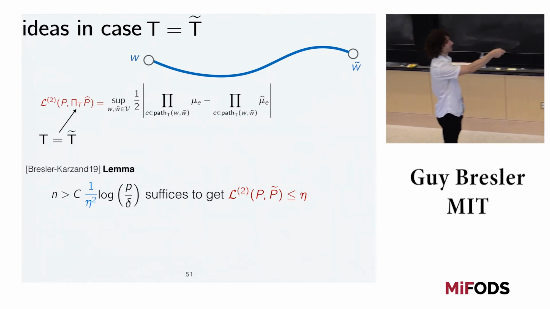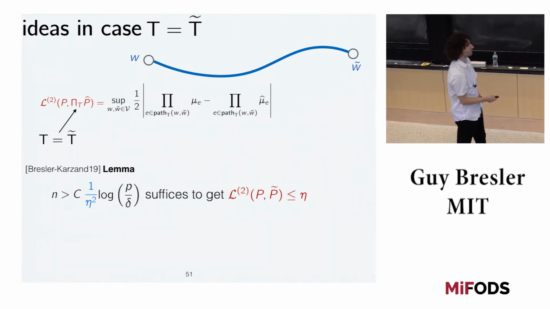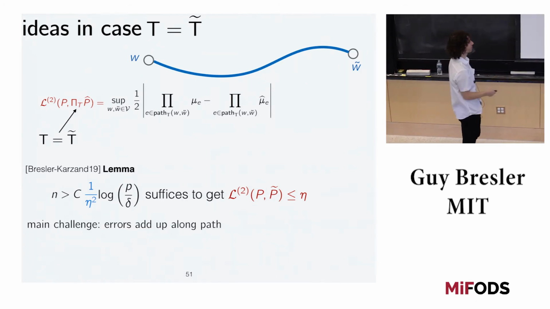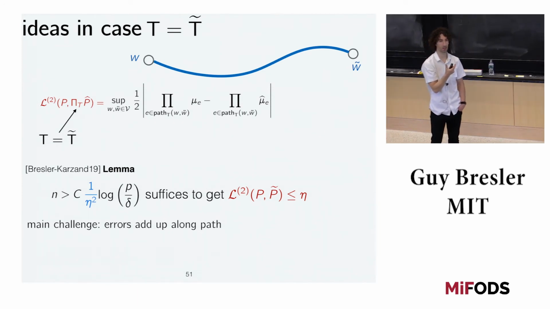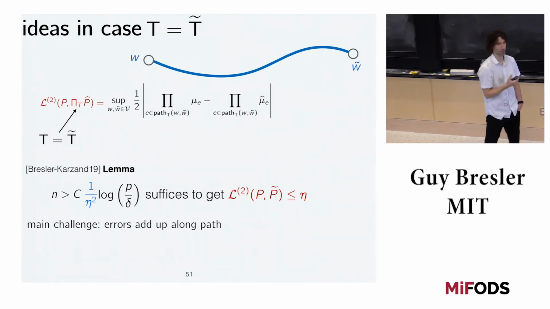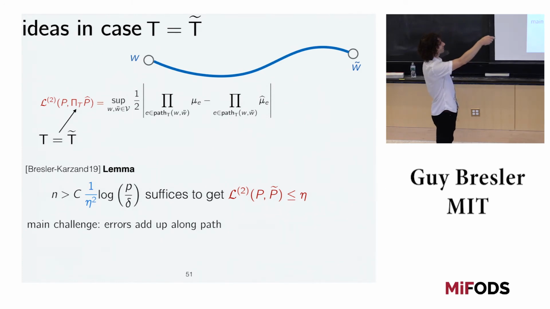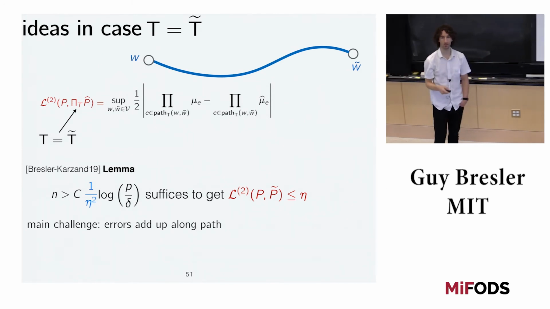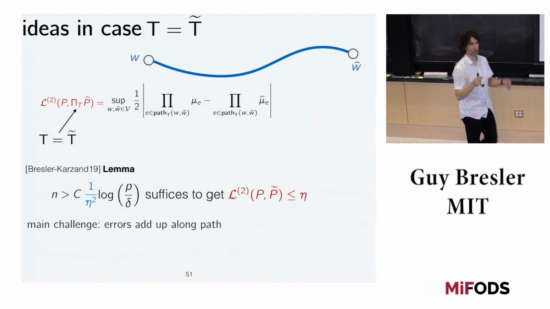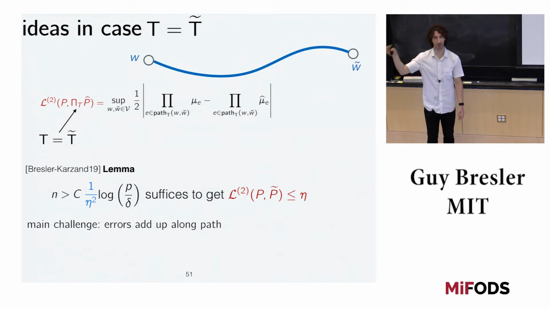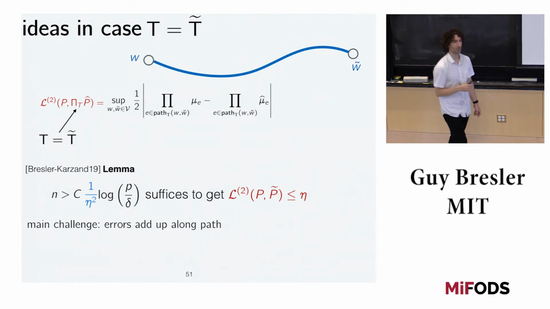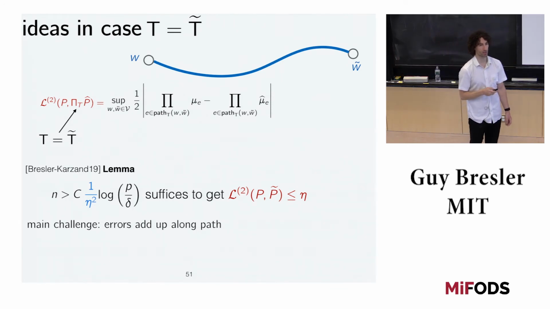Lemma says that if n is 1 over eta squared log p, then these quantities are close. And the issue is that each of these little steps has some error in it because it's estimated from the data. It's mu hat. And now the quantity of interest is the product of all of these. And so all these little errors add up. And so if you have variables that are pretty far apart, you are adding up errors along those paths, and it's not so clear how to control those errors.